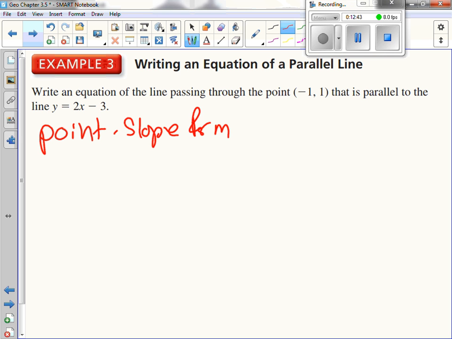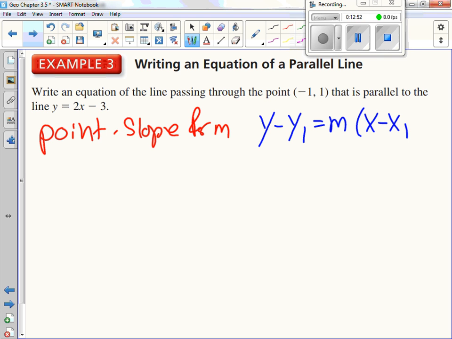Point slope form of a line. Now this equation is y minus y1 equals m times x minus x1. This is point slope form. The x1, y1 is a point, the values of the x and y of a point. And the m is the slope.